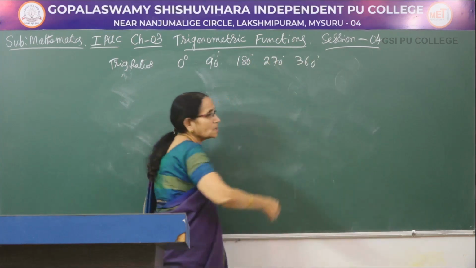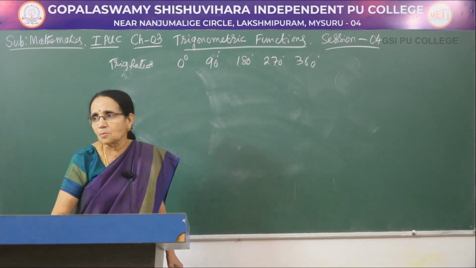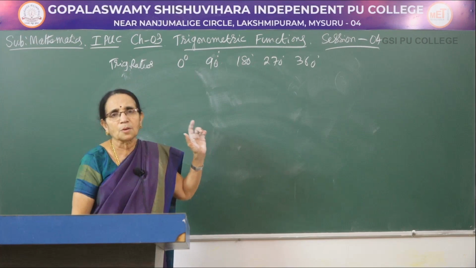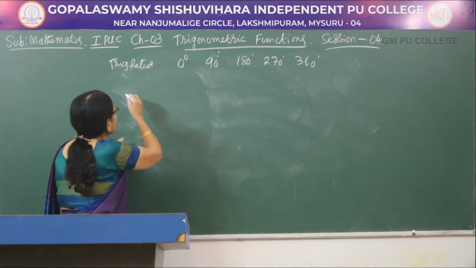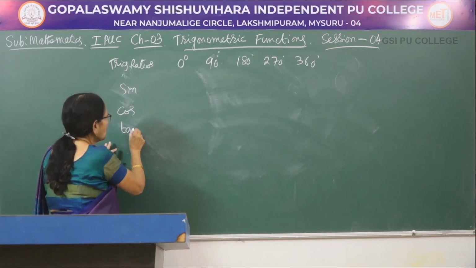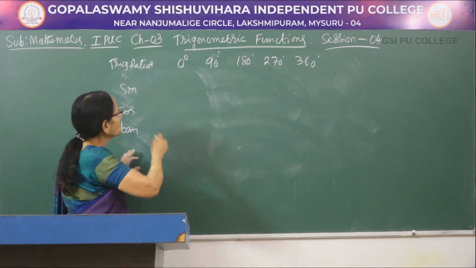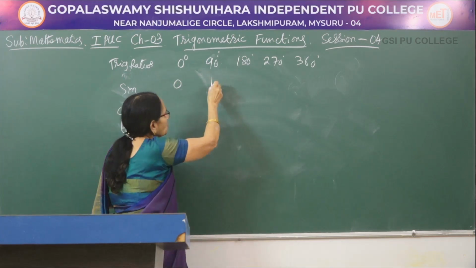The same type of table I had given in the previous session, when we were discussing the standard values, there I took 0, 30, 45, 60 and 90. So, I am taking the quadrantal angles here, and the ratios sine, cos and tan. Now, sine 0, we know already, sine 90 is 1.